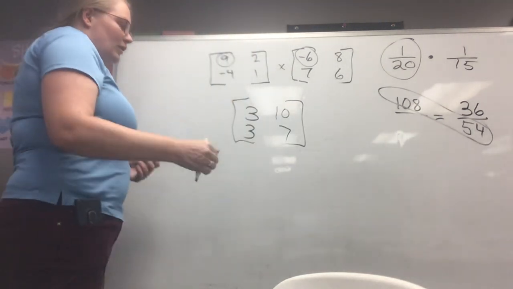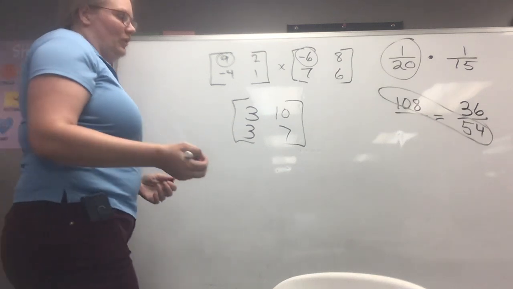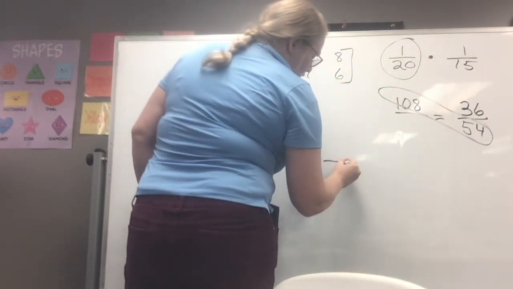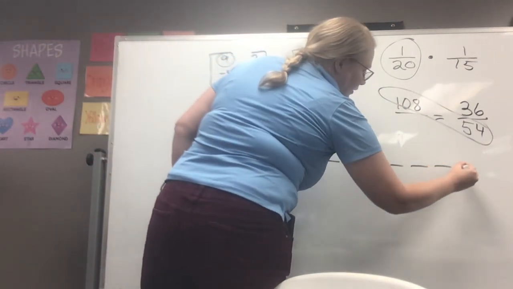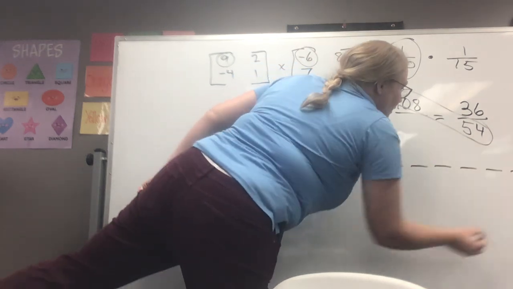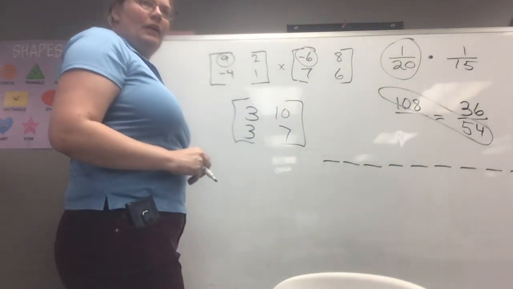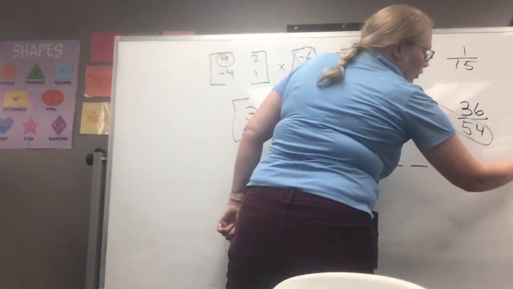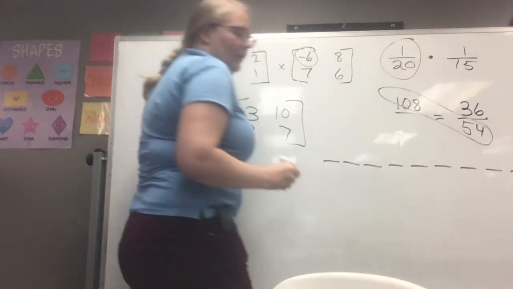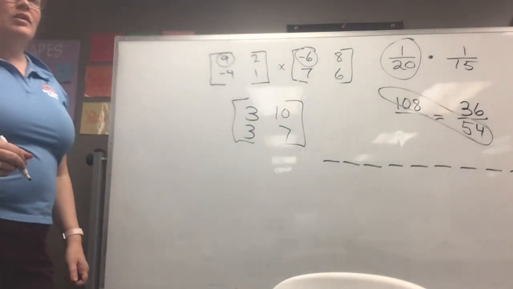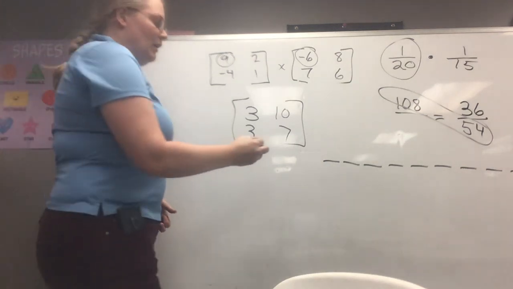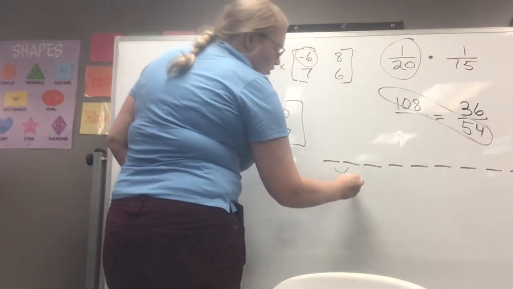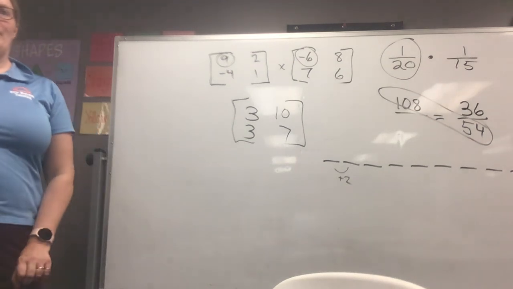So you could solve this straight. We have 1, 2, 3, 4, 5, 6, 7, 8, 9, 10 spaces, and this term is 30. If the common difference is positive 2, that means it's going up 2 every single time.